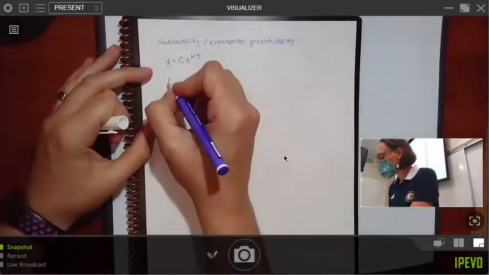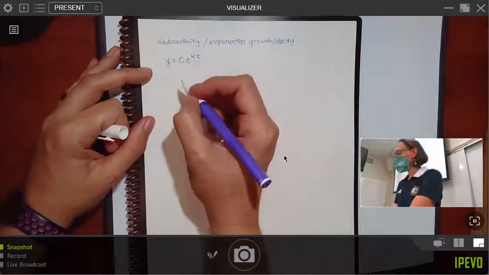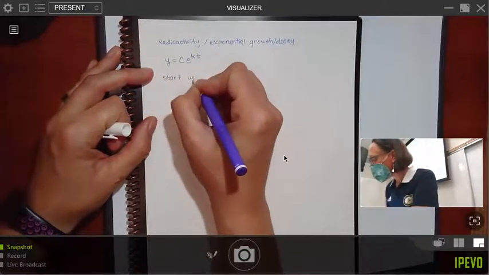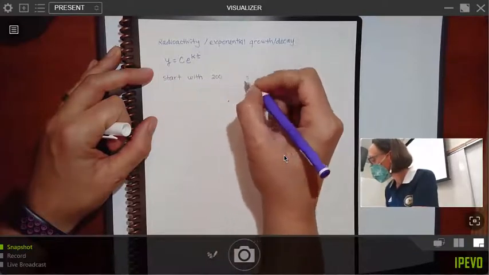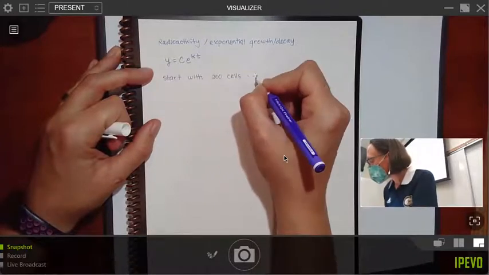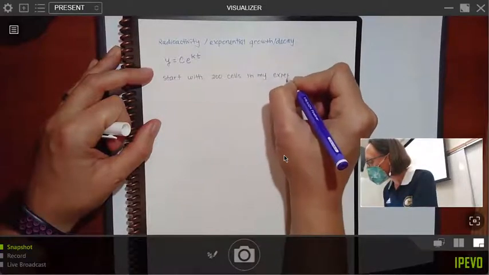So if I started with, let's do some exponential growth, let's say that I started out with 200 cells in my experiment.